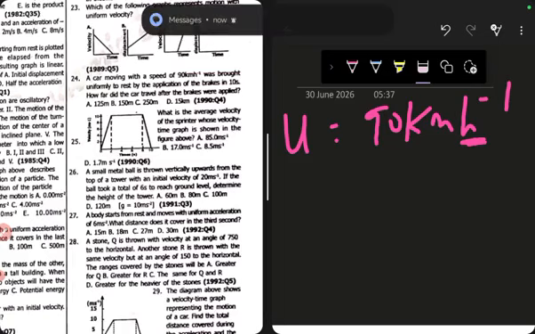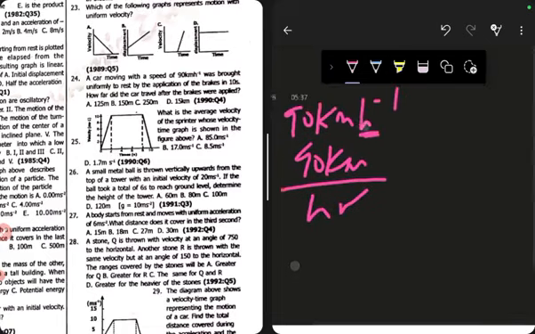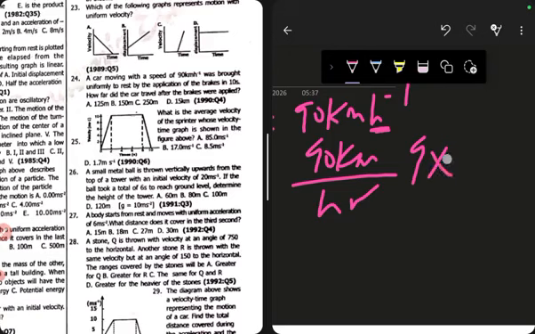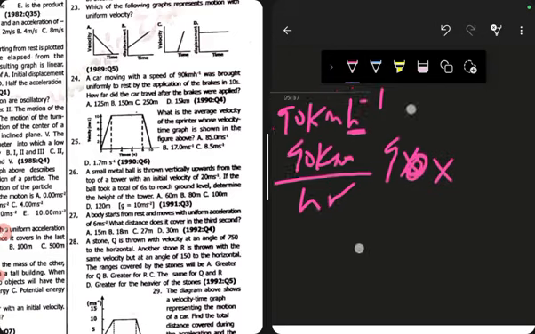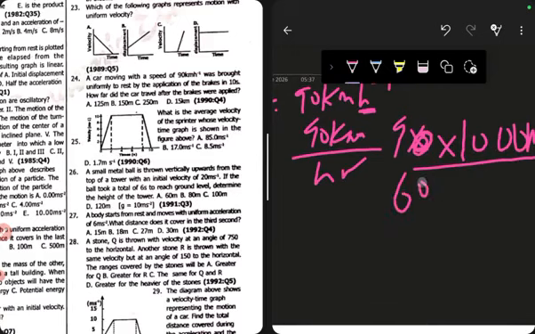So 90 kilometers per hour means 90 kilometers over 1 hour. To convert 90 kilometers to meters, 90 times 1,000 meters, over 1 hour, which is 60 seconds by 60 minutes. So that's 60 into 60.